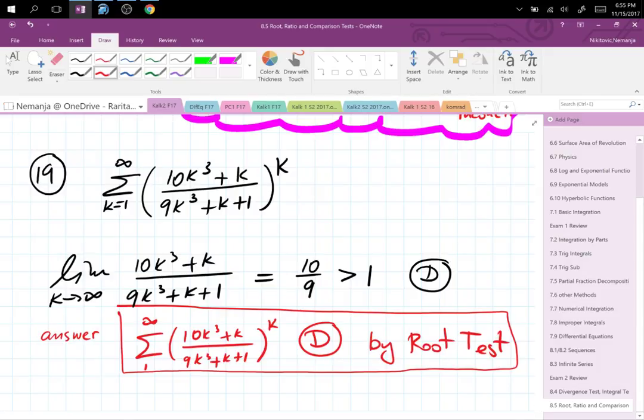In Calculus 1, Chapter 2, you learn for limits at infinity that the way to solve these limits is to divide each one of these by k cubed, because that's the largest exponent. When you divide everywhere by k cubed, you get 10 over 9, and then you get 1 over k squared. Well, 1 over k squared goes to 0 as k goes to infinity.